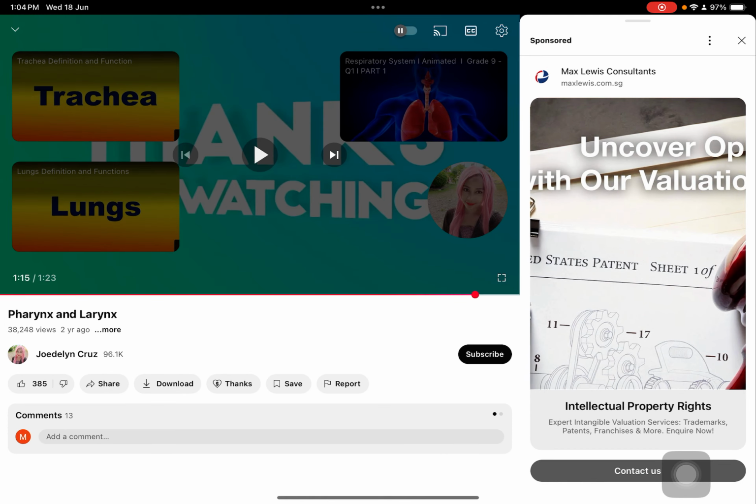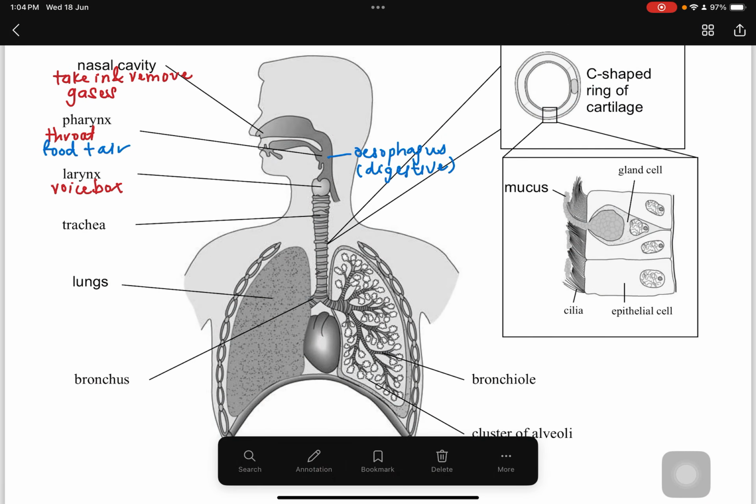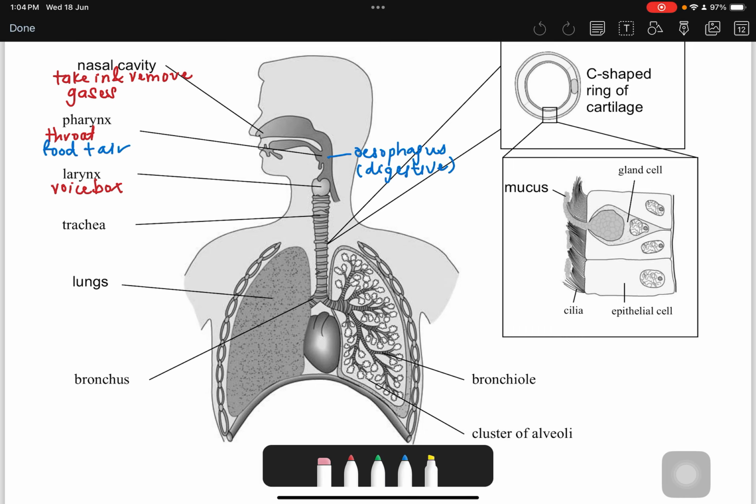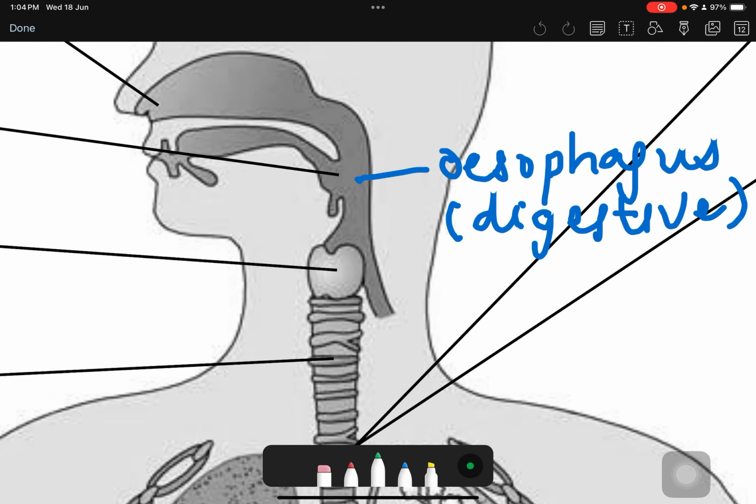So I hope this was helpful in understanding the positioning of the pharynx and larynx and what functions they serve as well. One thing that I want to point out from the video is the position of the epiglottis over here.